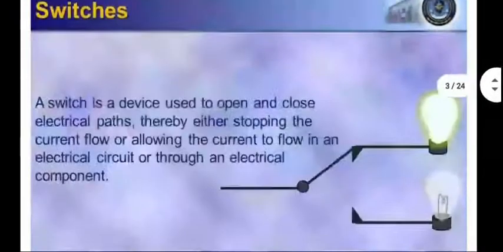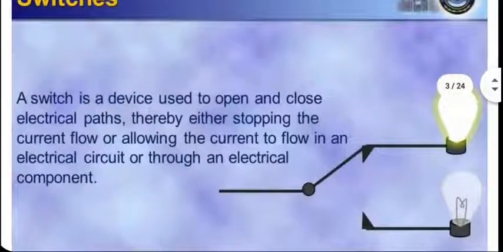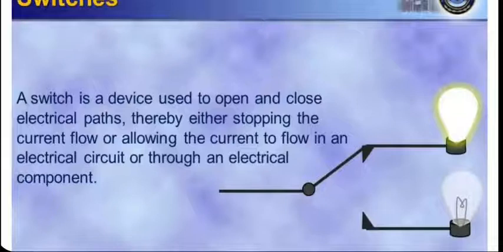What is a switch? A switch is a device, you can read it yourself, that can be used to open or close a certain path or more than one path. So it completely stops the flow of current or completely allows the flow of current. Binary operation. What you see is a single pole double throw switch because input is only one while the output positions are two.